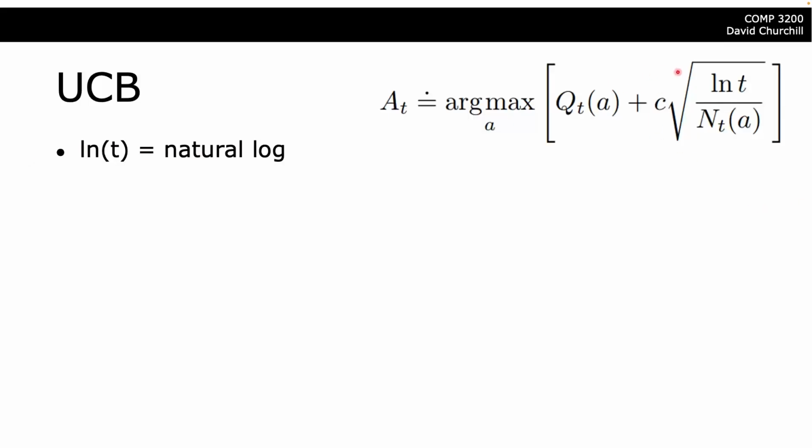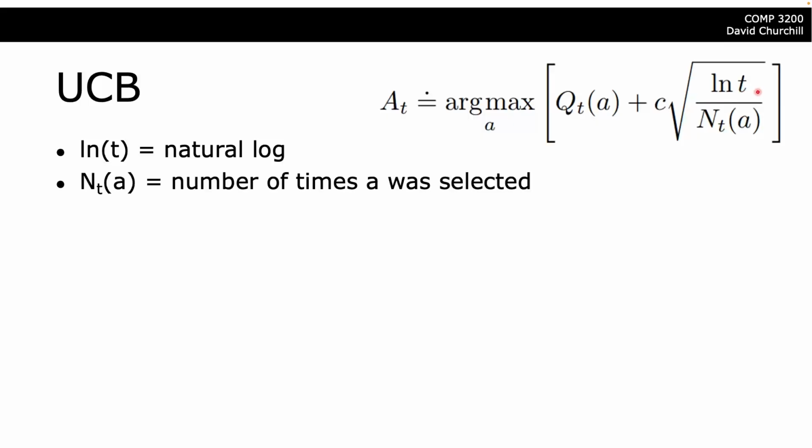So ln of t up here, that is the natural log of t. That's because we don't want gigantic values underneath this square root. So we take the natural log, and this is the natural log of the total number of actions that we have performed. Underneath that is the number of times that a particular action was selected, okay? So let's say, for example, that t was 100, right?